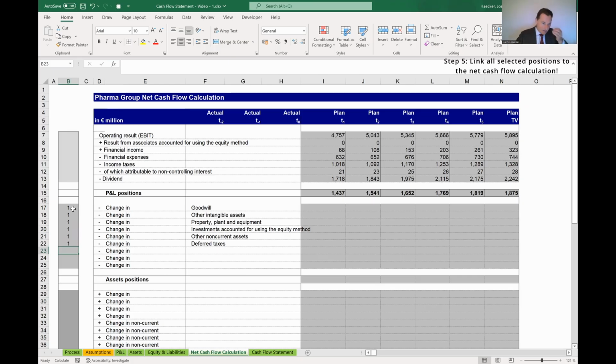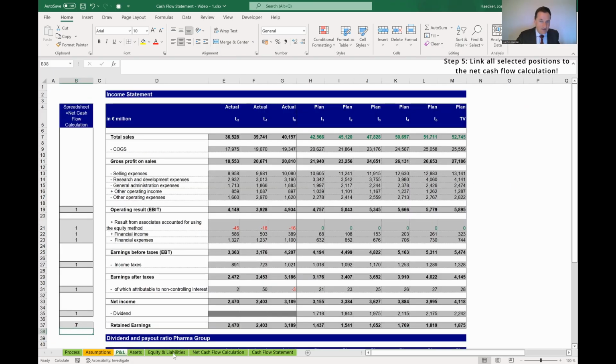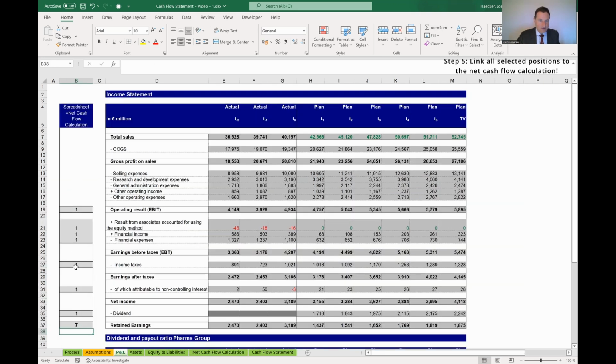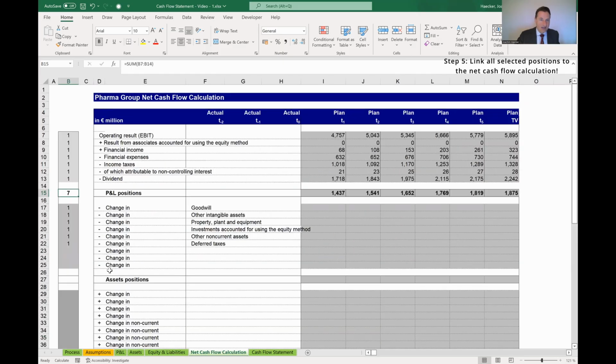Yes, correct. By the way, how many P&L positions did we use so far? 7. So this indicates here 1, 2, 3, 4, 5, 6, 7. And we calculated the sum, and the sum 7 equals the ones we selected here. So that is correct.